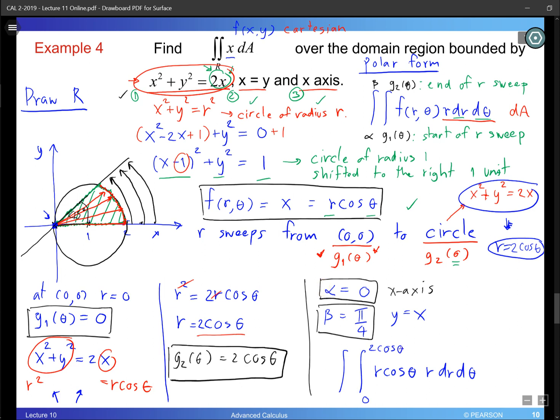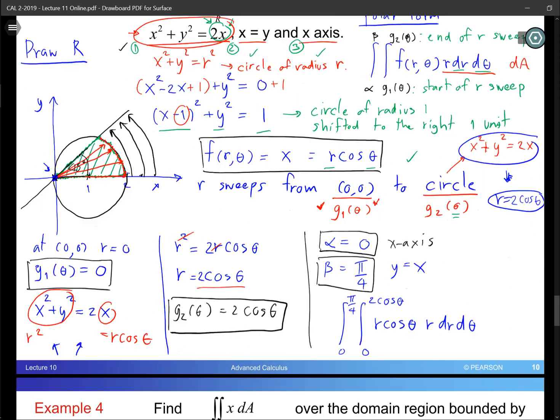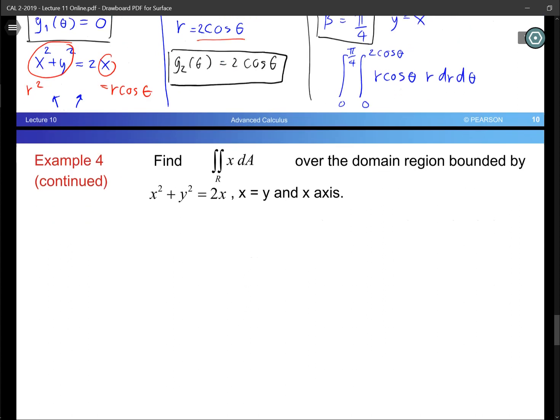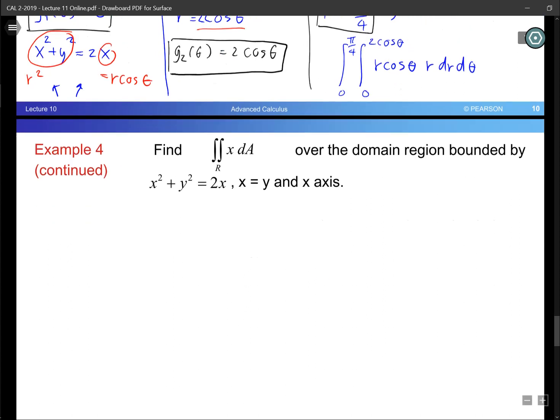Now for the theta, it sweeps from 0 and ends at pi over 4. After this, it's all about doing the integration. Okay, so let's continue from that.